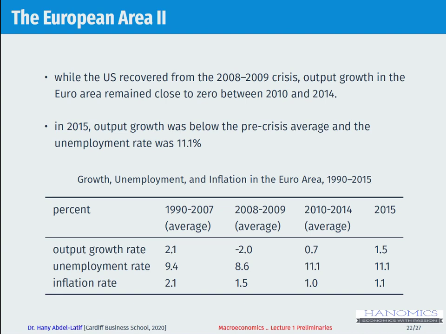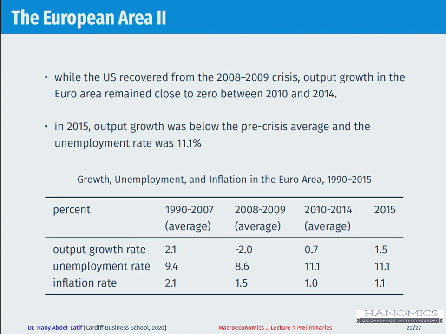In the time that the US economy, where the shock started, where the recession or the financial crisis started, recovered by 2015. If you look at the growth rate in the European area, you'll see that it's 0.7 on average between 2010 and 2014, and in 2015 it was 1.5, which is less than 2.1 before the crisis.